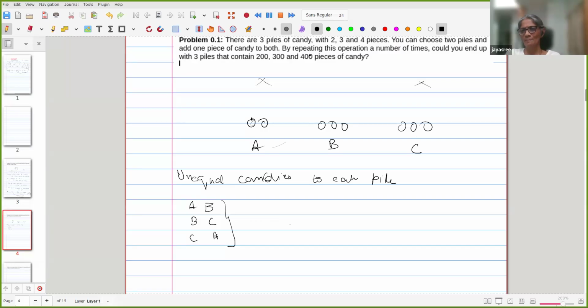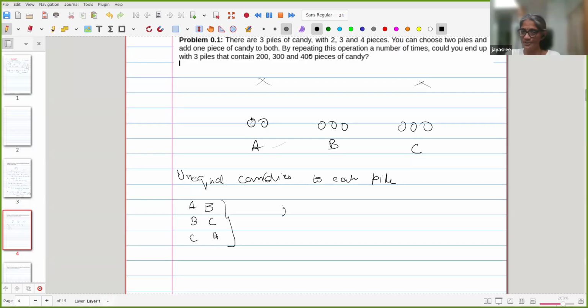We are repeating this operation a number of times on each pile. Then we add 2 candies every time we do. So my suggestion is that we check if it is divisible by 2. Okay, so let us check if it is divisible by 2. But it is actually not divisible by 2.